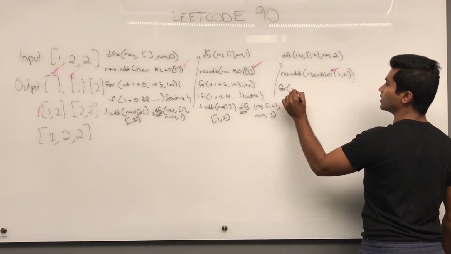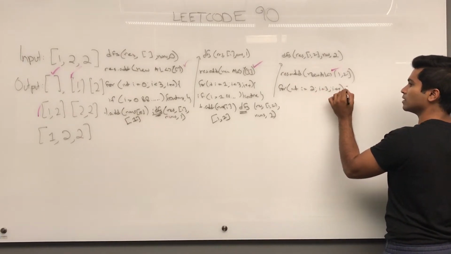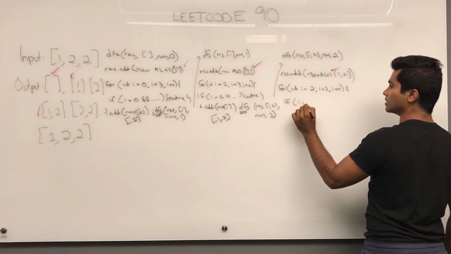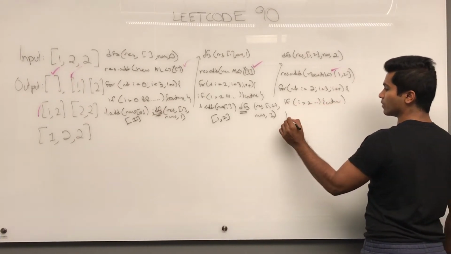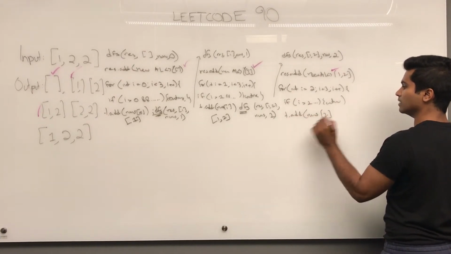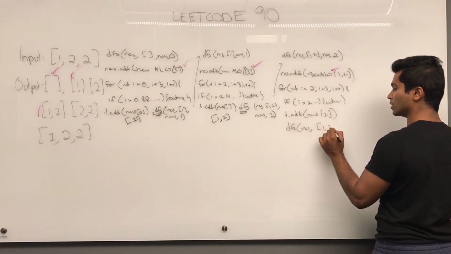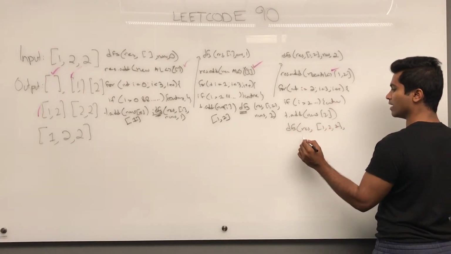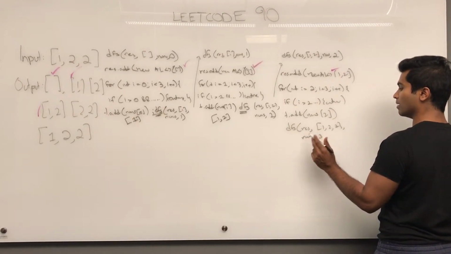For int I is equal to 2, I is less than 3, I plus plus. If I is greater than 2, blah blah blah, we don't need it right now. Then what we do is t.add nums of 2. Then we recursively call this dfs res 1 comma 2 comma 2 and nums array, and we pass in 3.